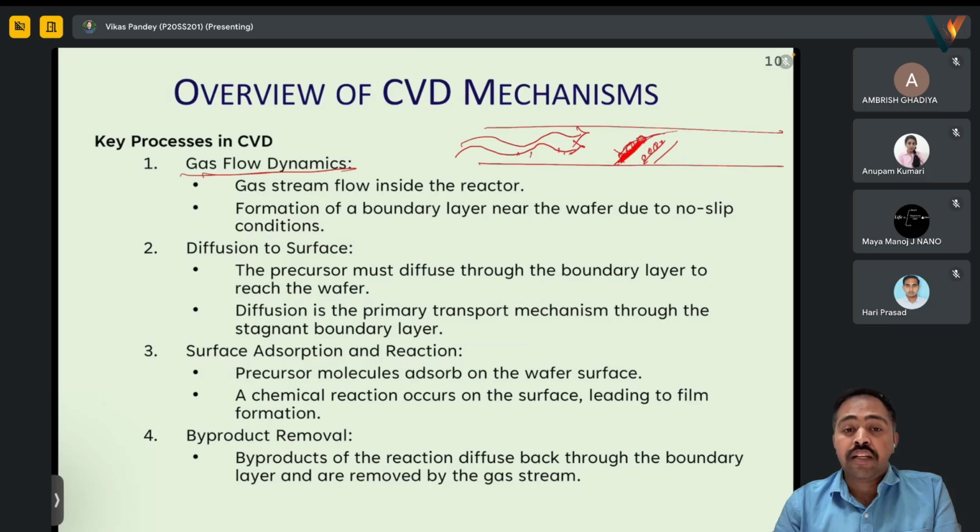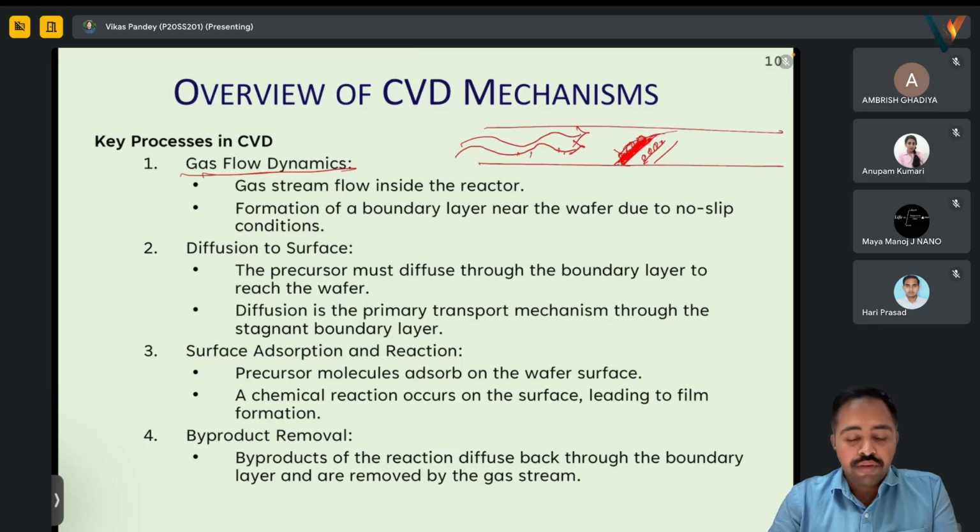And the second thing is that the chemical reaction should actually take place for the film to be formed, as well as the byproduct of the reaction diffuses back. Like if it has formed the layer at the bottom, at the interface, after this, whatever the byproduct, say hydrogen sulfide, or whatever is forming, that should come out and go. It should not get trapped inside. Okay.